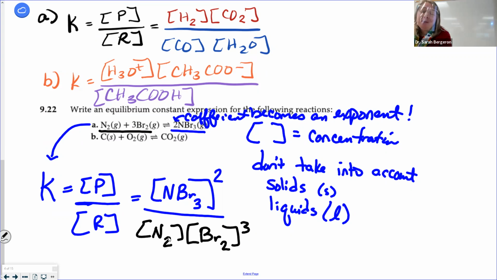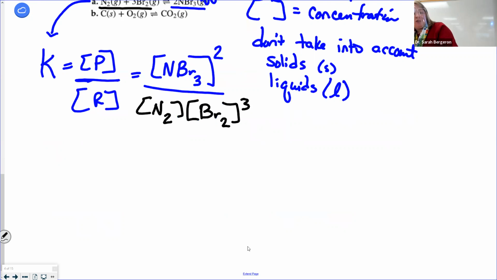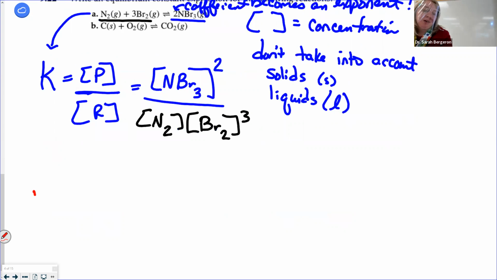Now, you won't have to do the math, like you won't have to put in the concentrations and calculate it. But we're going to look at what happens when we get a value for K and what that means. So for right now, let's just practice writing the expressions. So let's try B. Here's B. K is the same thing.